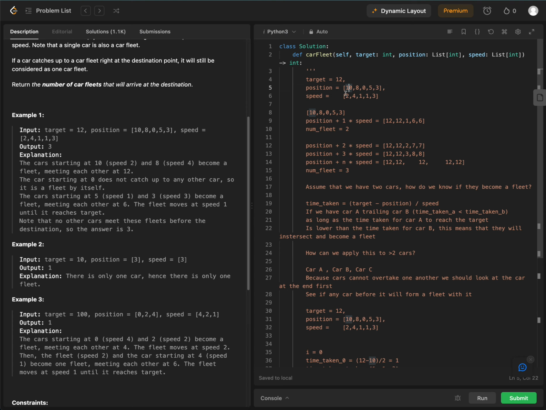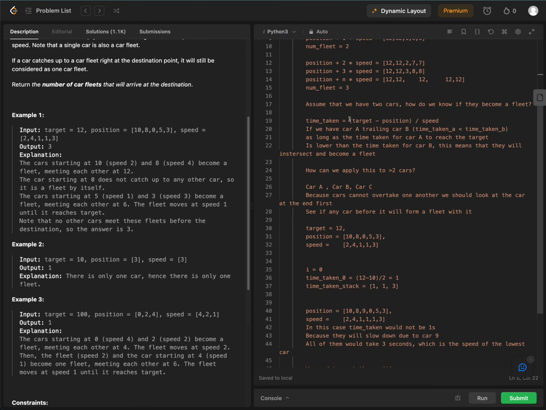However, if this was 1, essentially they would still intersect, and go at the lower speed, and then it would take one more unit of time to get to the point.